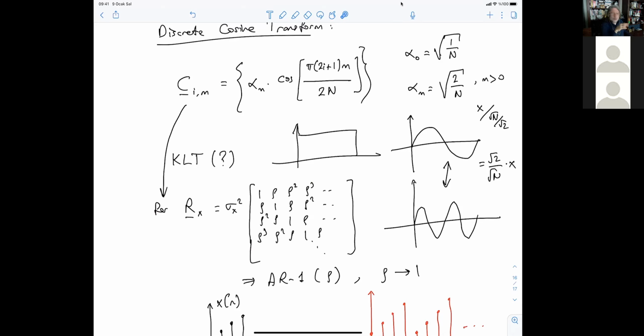We will see a few more typical examples, and finally we will continue and wrap up the whole course with the coding efficiency of these transforms and how to quantize them, how to make bit allocations for the transformations. And that will be the end of it.